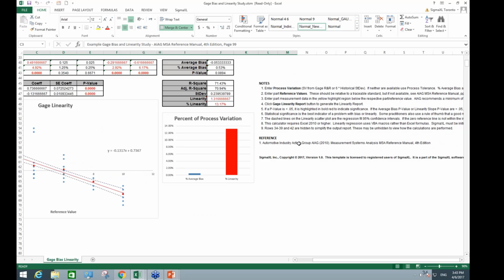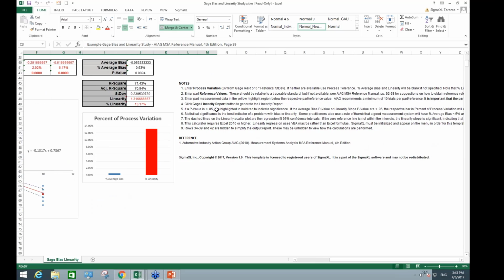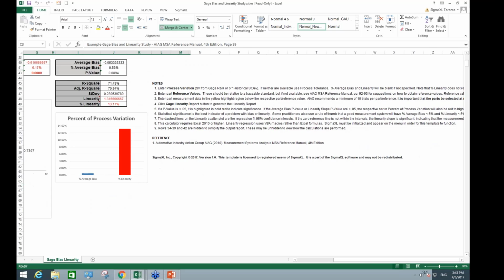You enter your process variation, you enter your part reference values, and you enter your part measurement data. You click the button, and you generate your linearity report. If the p-value is less than 0.05, it's highlighted in bold red to indicate that it's significant, and the respective bar is colored.